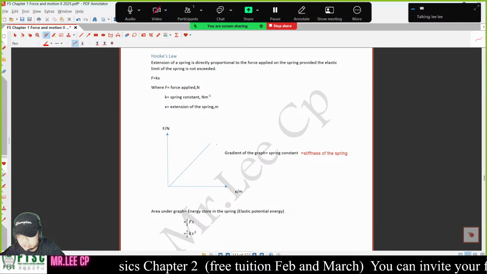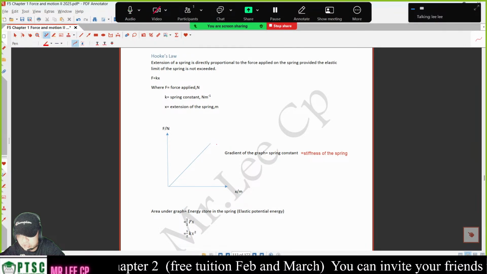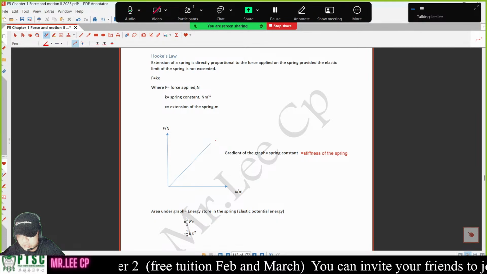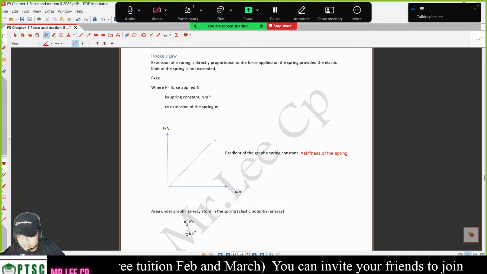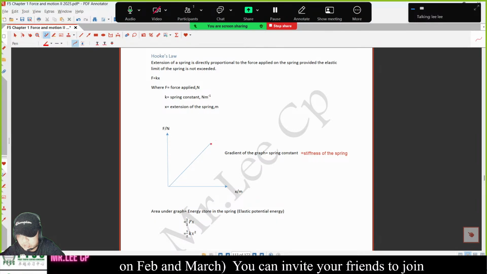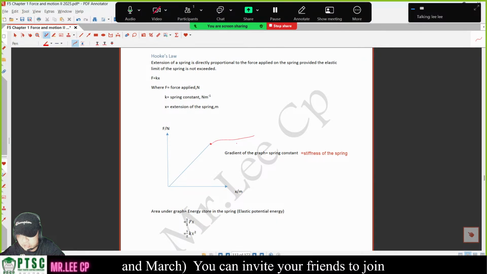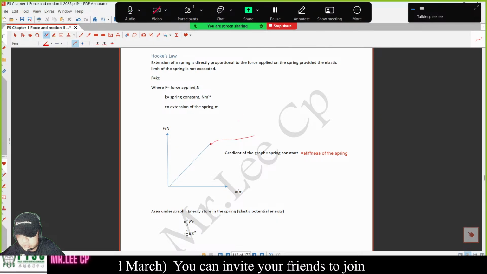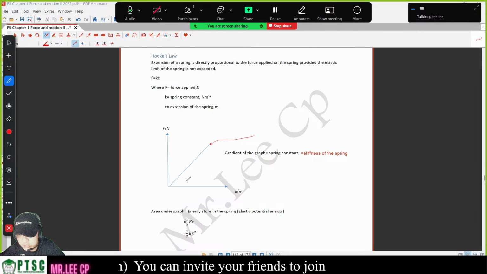If you hang an object more than the elastic limit, the spring will not be able to return to the original shape already. For example, let's say here is the elastic limit. Beyond here, the spring is not going to go in a straight line anymore.